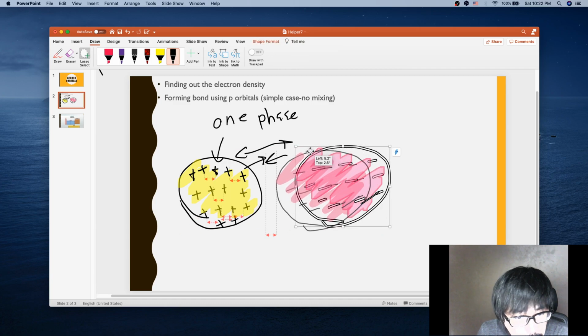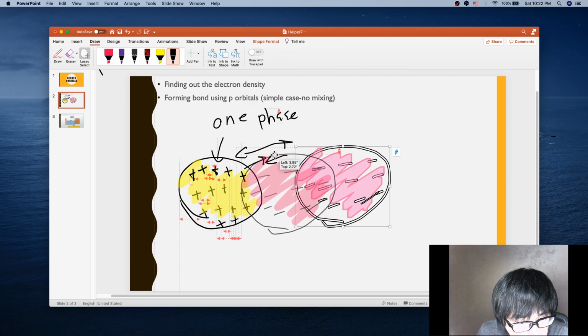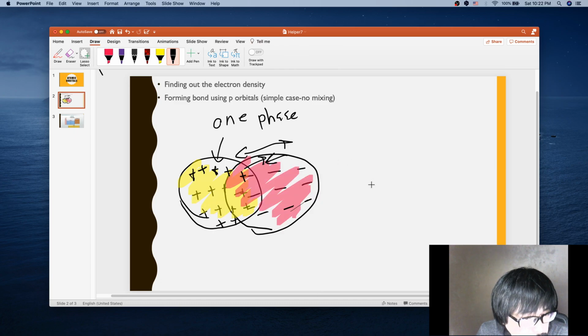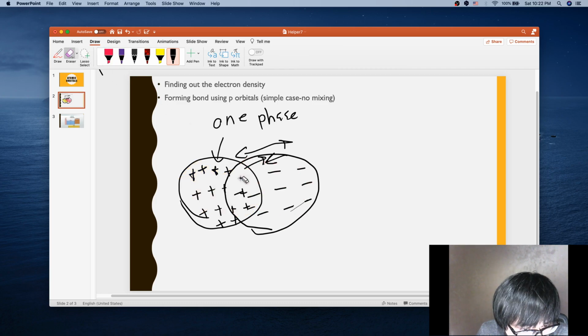Then sometimes that minus and positive are going to cancel. So around here, you can see that positive and negative cancel, and this positive and negative cancel, and that positive and negative cancel, right?